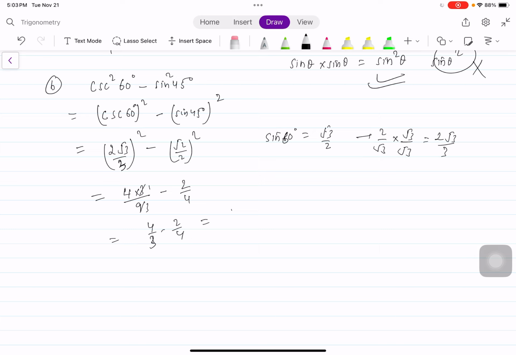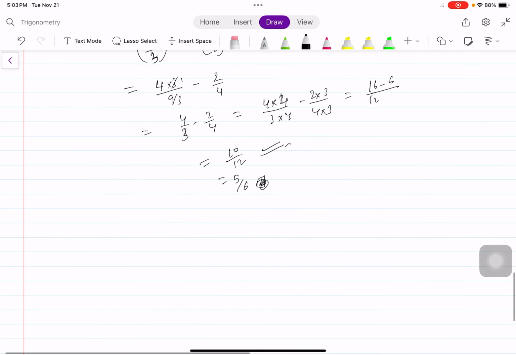You multiply by the other number's denominator: 4 times 4 over 3 times 4 minus 2 times 3 over 4 times 3. So this is 16 over 12 minus 6 over 12. So the same thing, 10 over 12. You may put it in the lowest terms also. So this is how we solve problems.